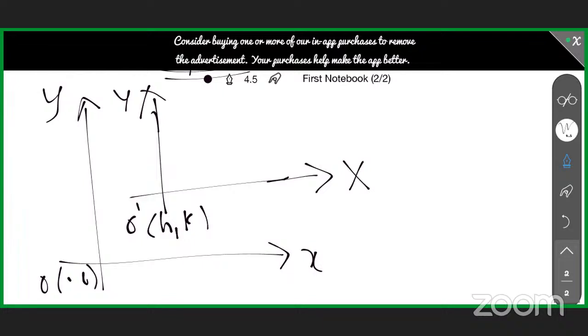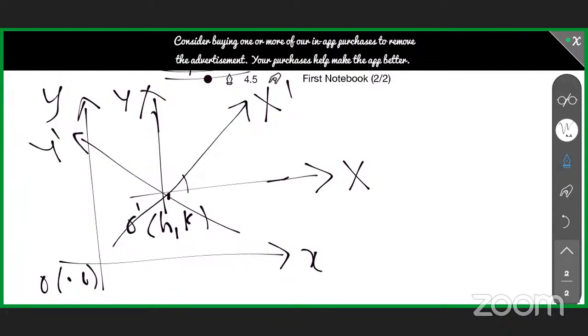Now I'm doing rotation of axis. This axis is rotated with an angle theta. This will become my x dash axis, and this will become my y dash axis. This type of transformation is called general transformation. Here I am doing first translation, then rotation.